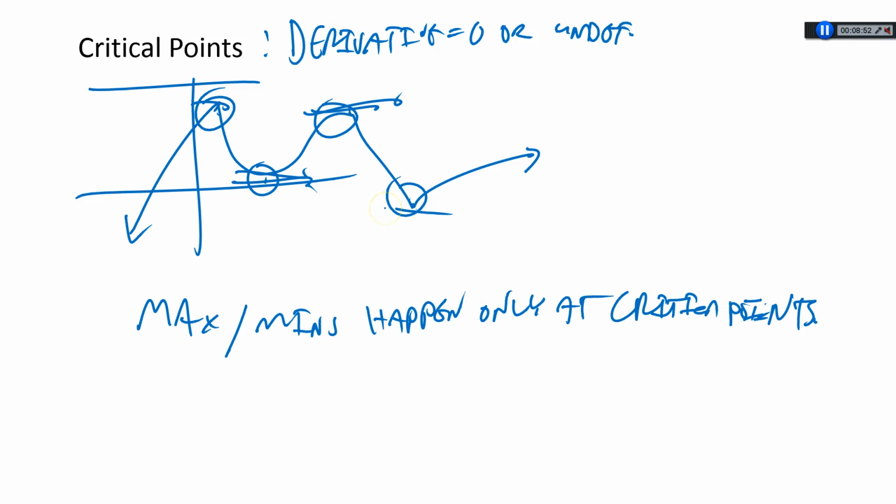So what that means is, if I want to know where maximums and minimums happen, just take the derivative, set it equal to 0 or find when it's undefined. And then you're going to test each one to see if it's a maximum or minimum.